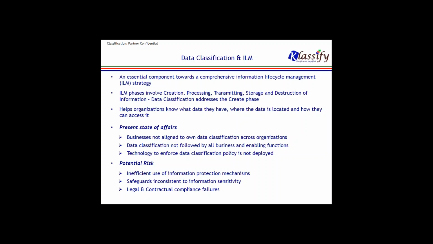And if the businesses do not align themselves to own the data classification program, or do not participate well in it, the program can be overambitious. It will be difficult to achieve what it is intended to, and therefore most of the projects fail because of this reason. Most of the projects will disappoint because the businesses are not aligned to own data classification across organizations.